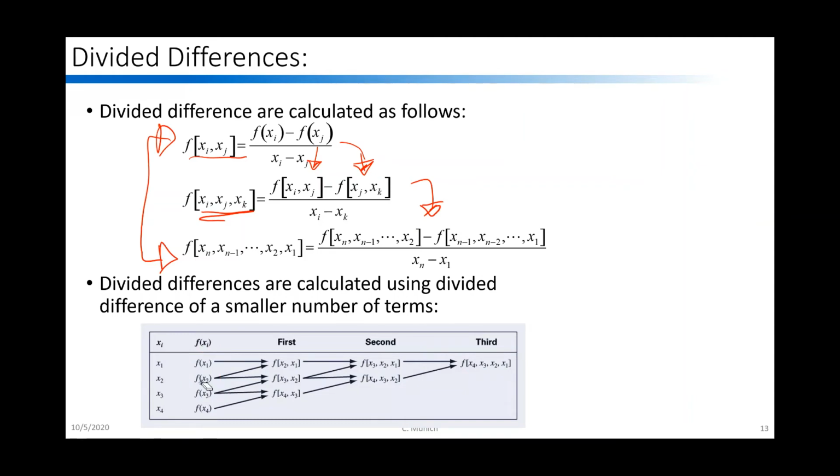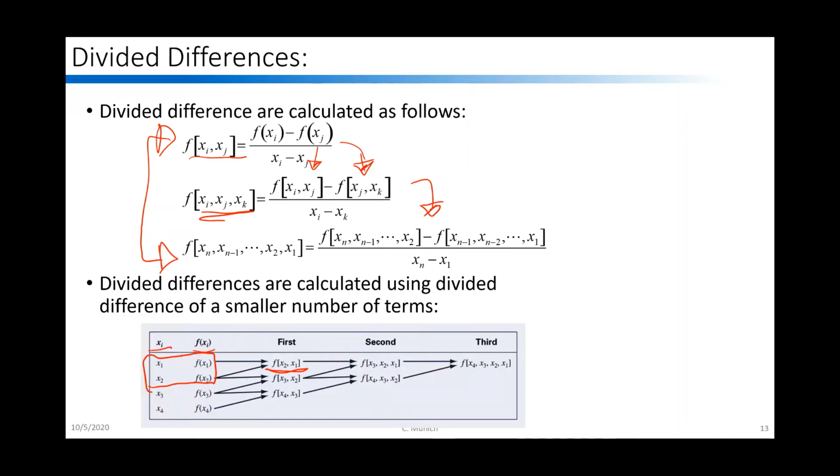So let's say I had 4 data points and 4 f of xi's, right? This means I can get at most 3 terms. I could fit a cubic. For my first divided difference, I look at points 1 and 2 to get f of x1, x2.